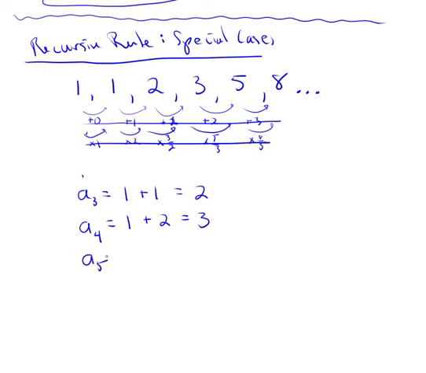The fifth term was the 2 plus the 3 equals 5. So it's the two previous ones added together to get your term. So to get 8 for the sixth term, it would be 3 plus 5 equals 8.